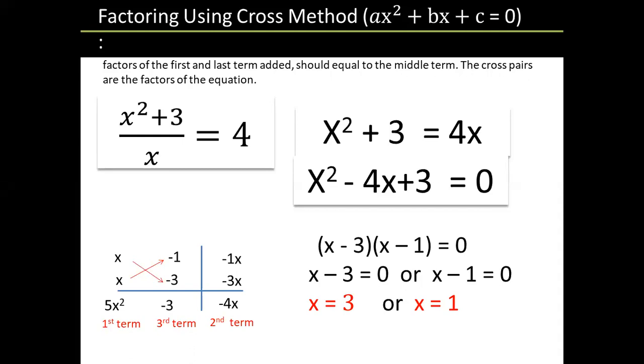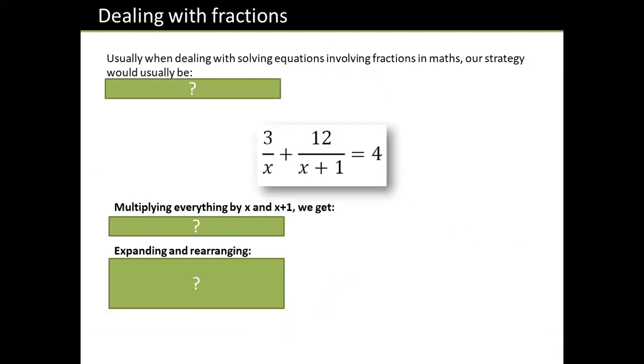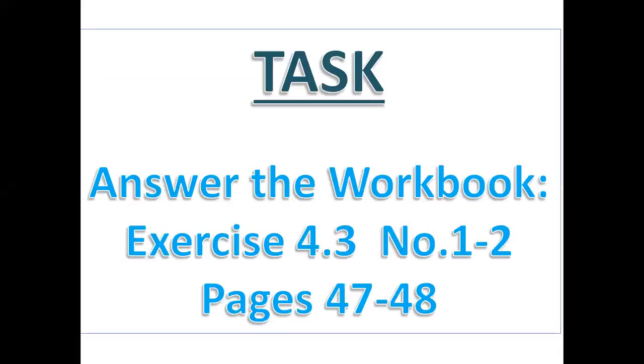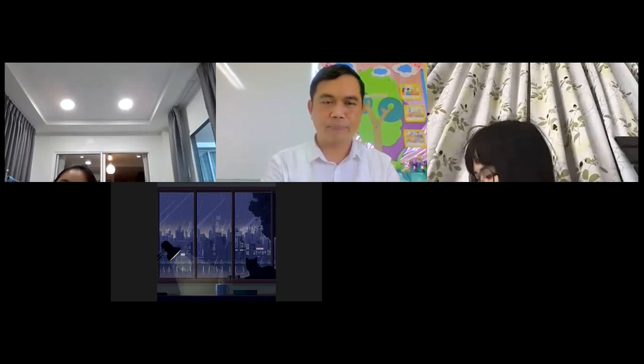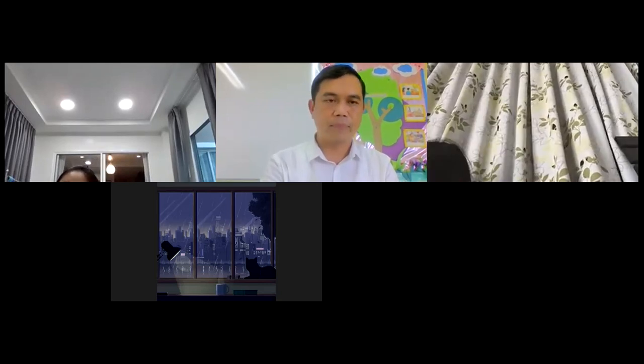We still have 5 minutes. Okay, we try to practice page 47 and 48. That will be our task. Again, please open your workbook to page 47 and 48. Okay, so page 47.